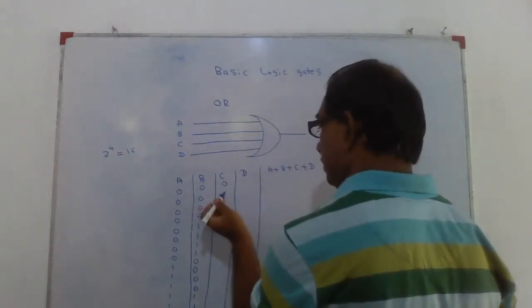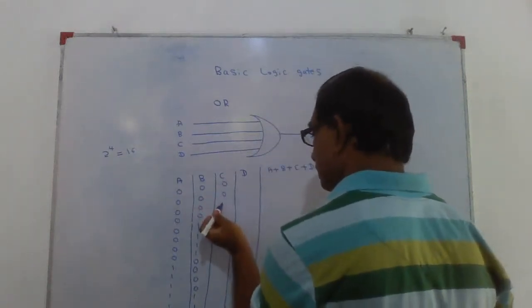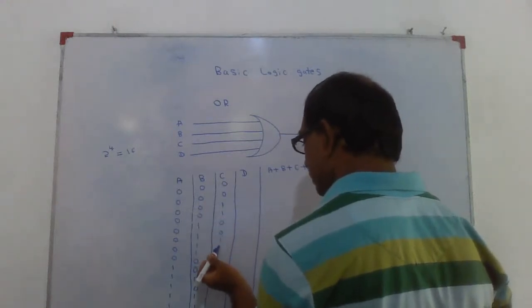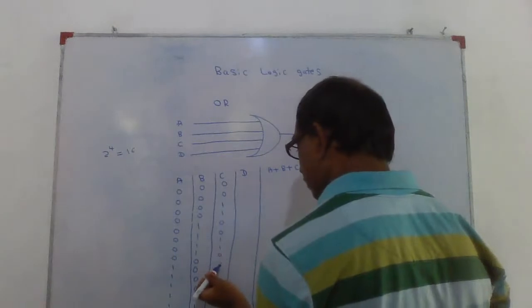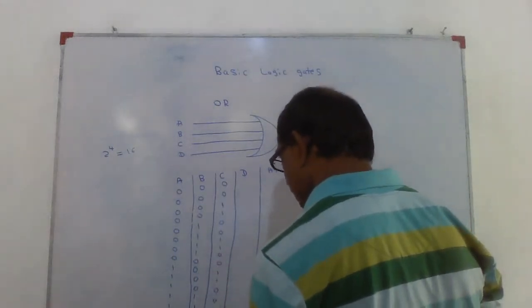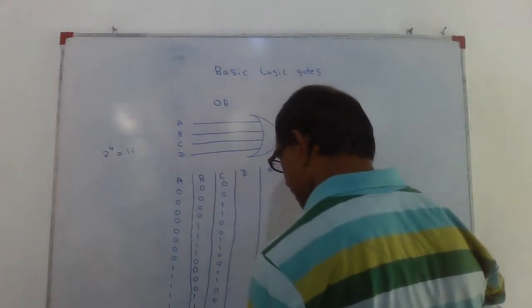This time 2 zeros, 2 ones, 2 zeros, 2 ones, 2 zeros, 2 ones, 2 zeros, 2 ones.